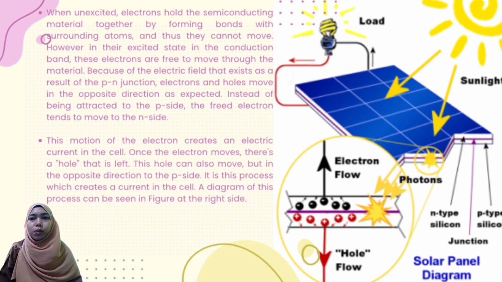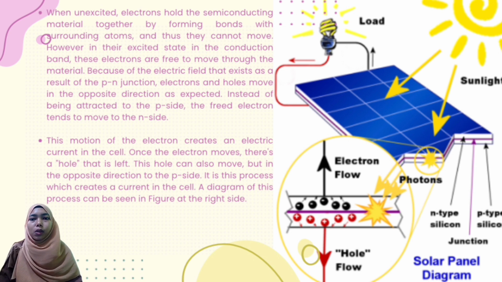Electrons and holes move in opposite directions. Instead of being attracted to the p side, the free electrons tend to move to the n side. This movement of electrons creates an electric current in the cell.